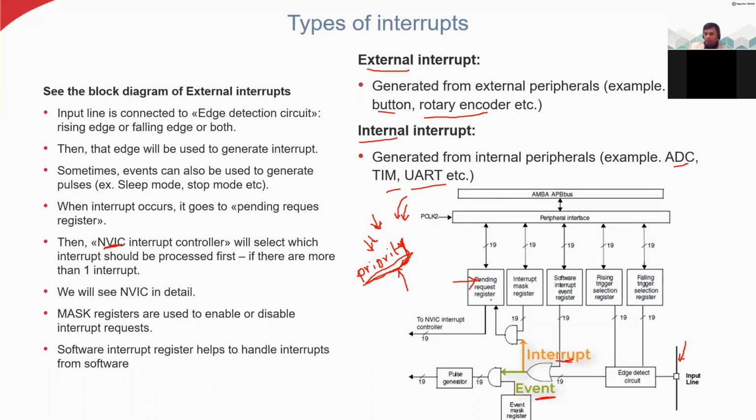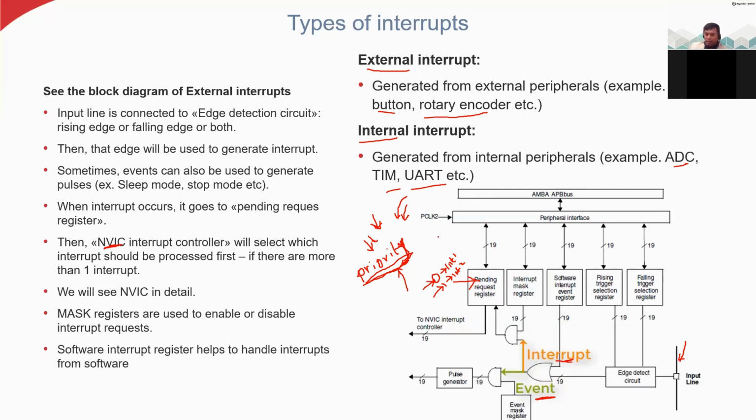Maybe interrupt 1 has the highest priority, let's say 0, and then interrupt 2 has priority number 1, and interrupt 3 has priority number 2, and so on. So we set up a priority level for each interrupt.